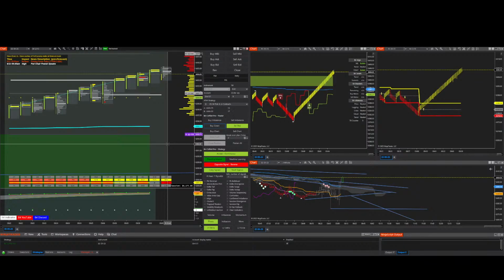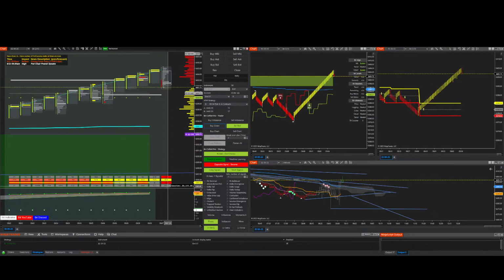Trying to get another chart open. And we're bullish, basically, here, even though we're extended. Ichimoku is still saying, go bulls, go.